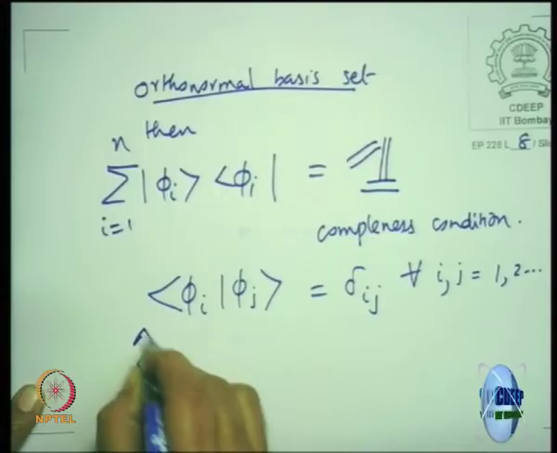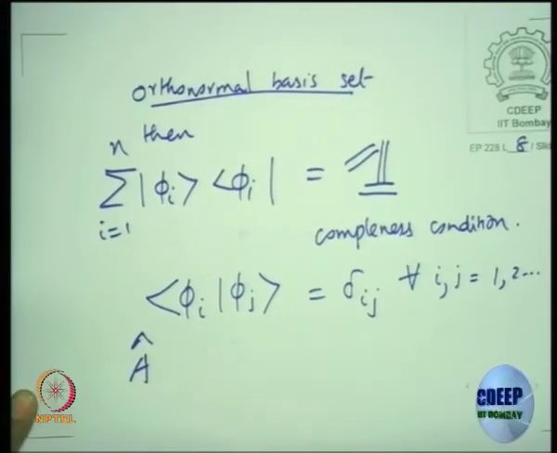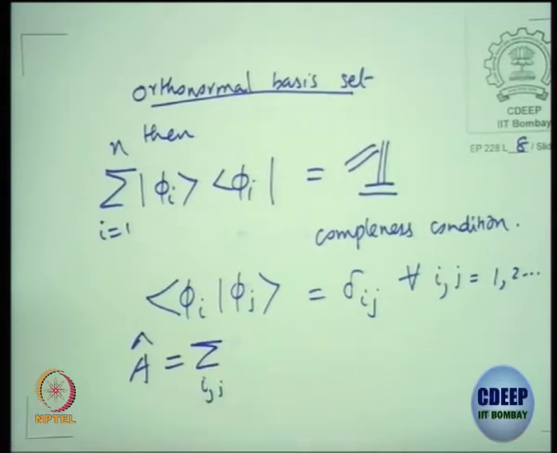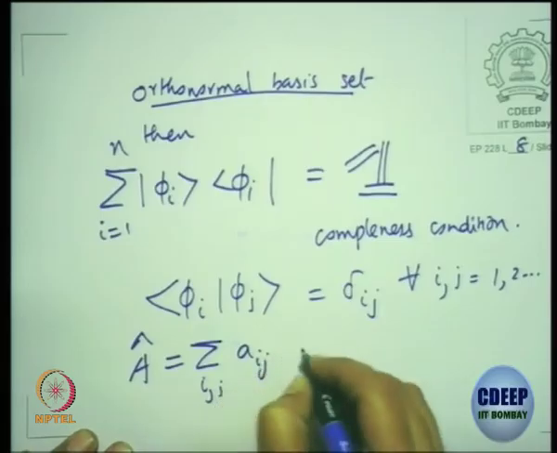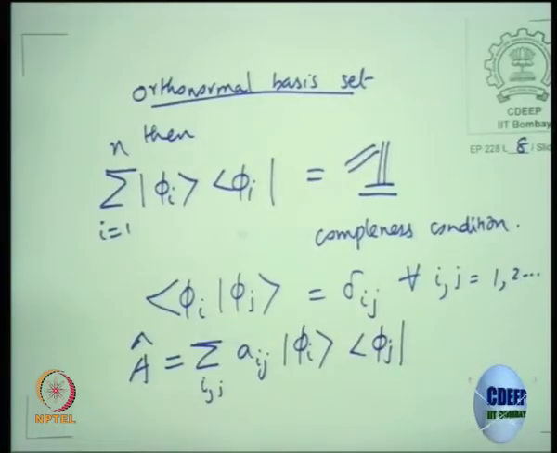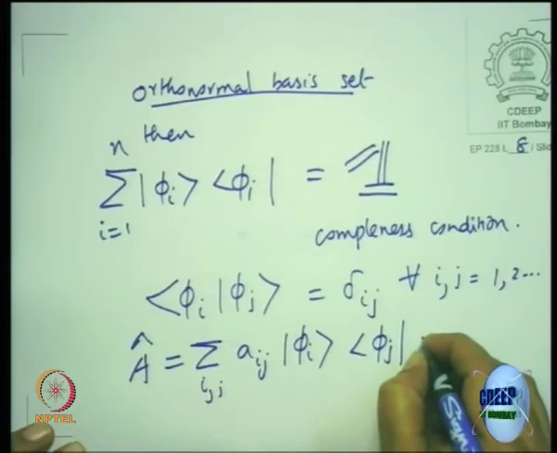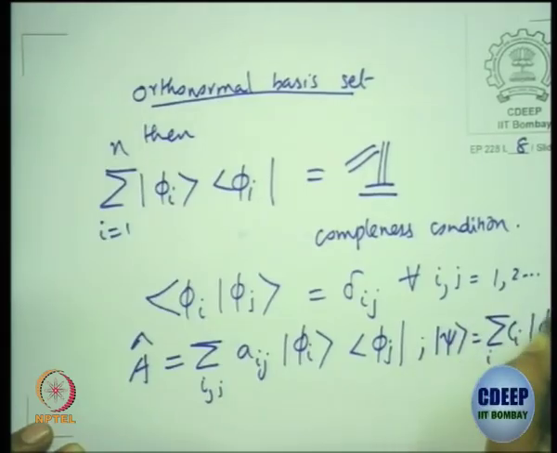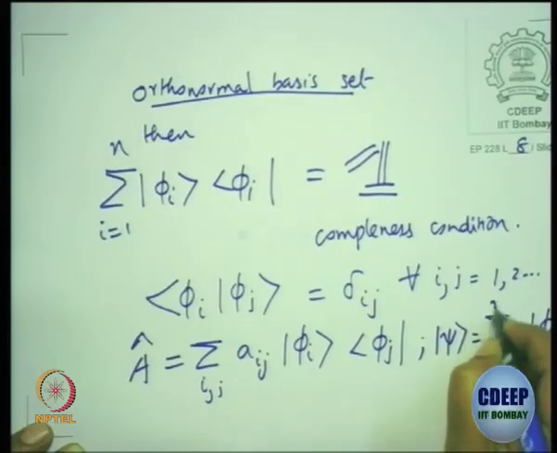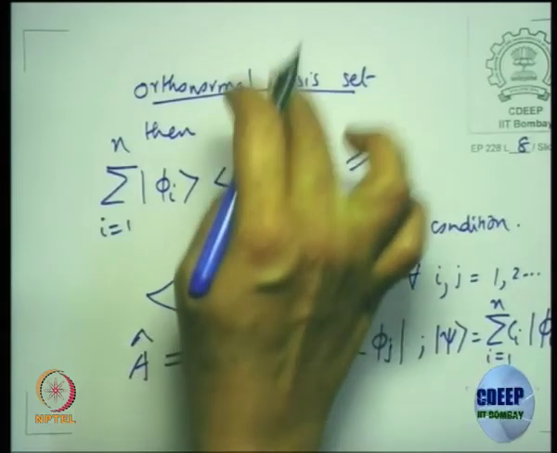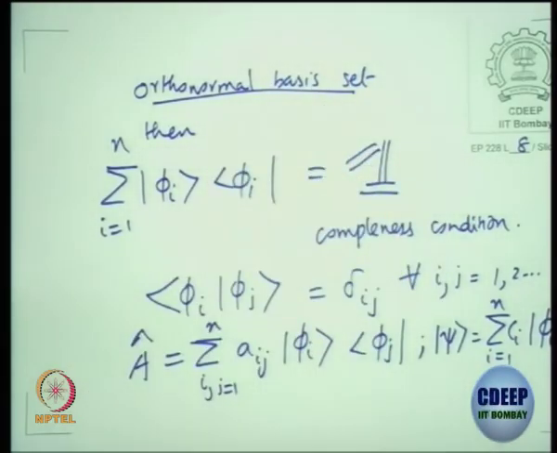Any arbitrary operator will be rewritable as a summation over i, j of some a_ij coefficient |phi_i><phi_j|, and any arbitrary state psi can be written as a combination of the basis states. So this takes care, a basis set includes the span and the completeness condition and this criterion.